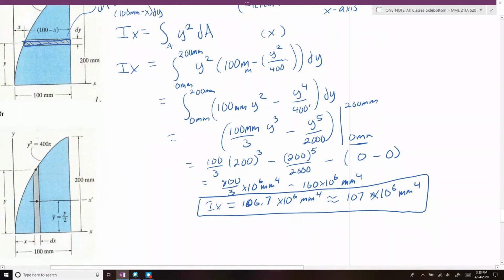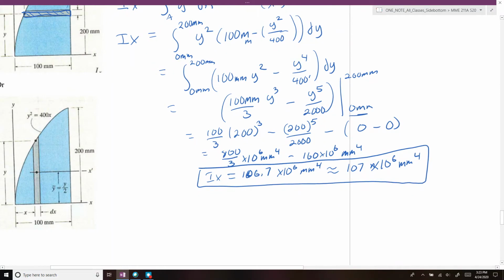So that's for the first case. For the in-class assignment, I'd like you to try the second case, which is when you use the parallel axis theorem.